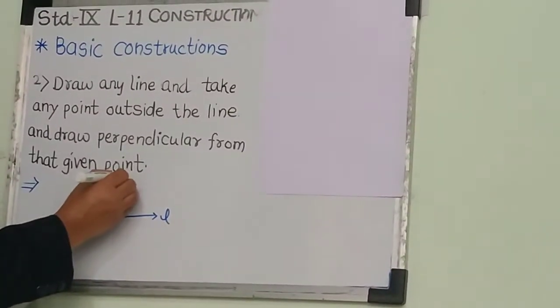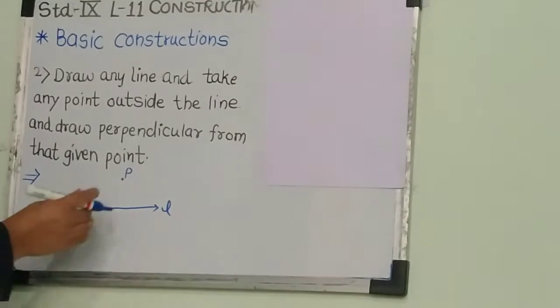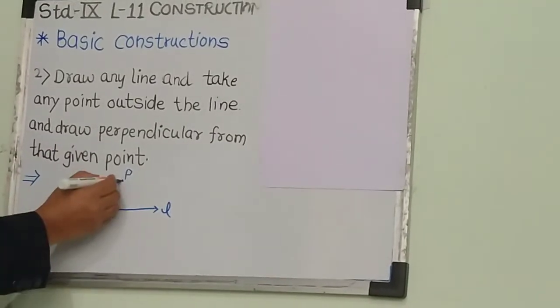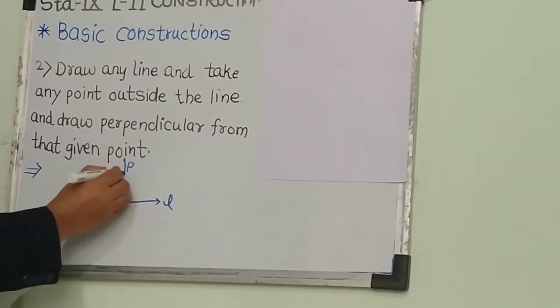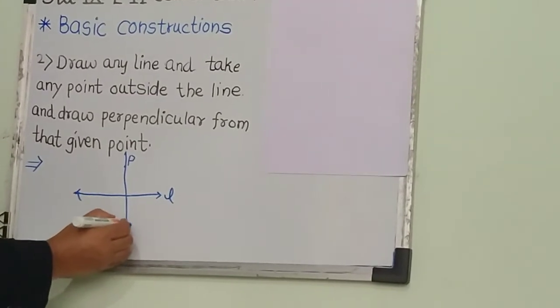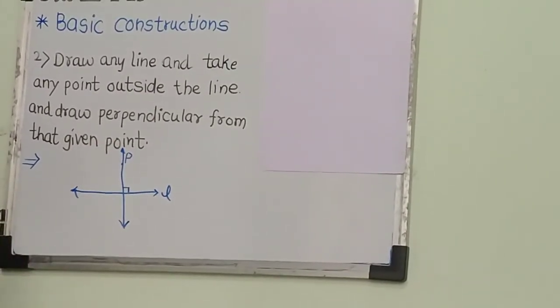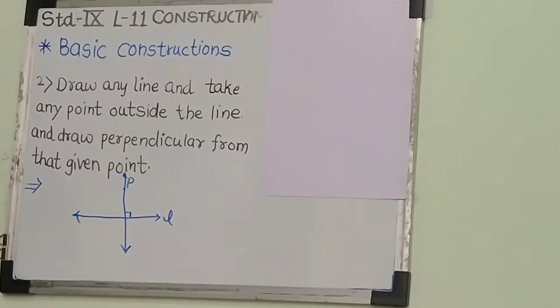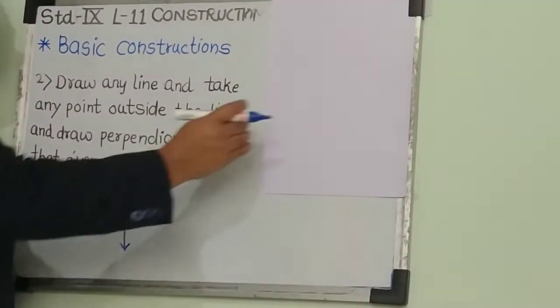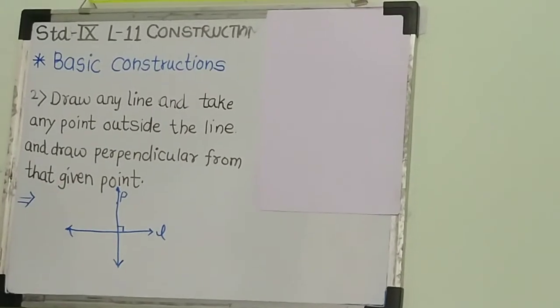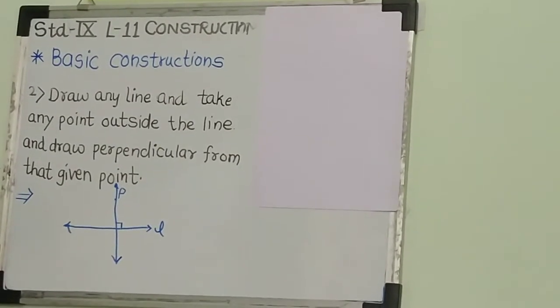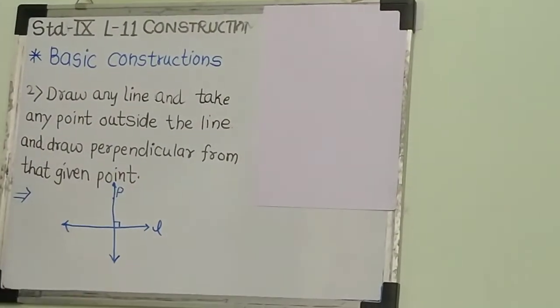We are going to take any point P outside the line, and from this point we have to draw the perpendicular to the given line. How we are going to draw this, we will see by using the compass.